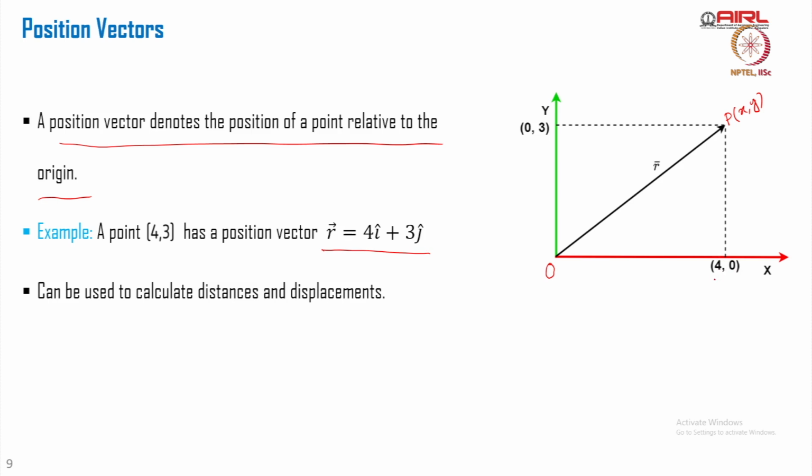This particular point where we get the projection on the x axis is represented as 4, 0 and the y axis projection is represented as 0, 3. The unit vector towards the x axis is i, and the unit vector towards the y axis is j. So when we show this particular vector as a position vector, it is represented as r equal to 4 times i plus 3 times j.